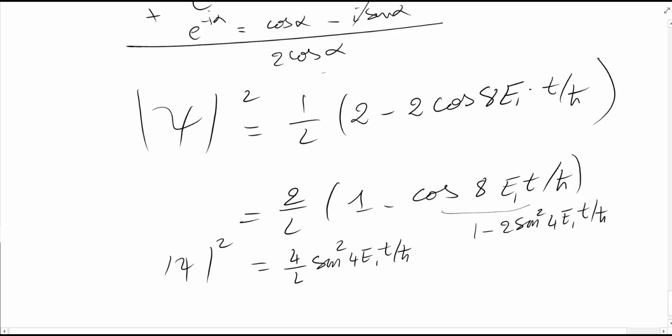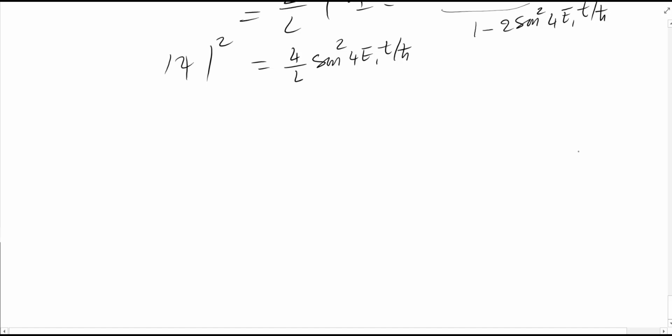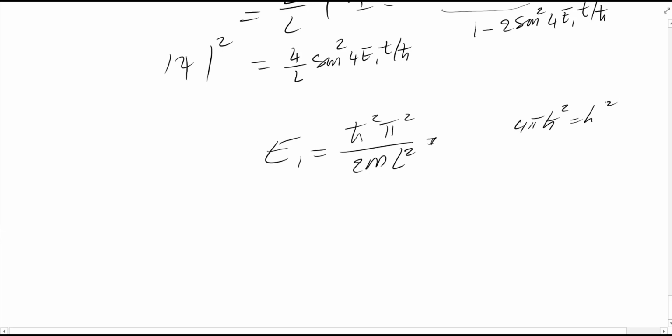And as a matter of fact, we're going to write it down even better now. Since we know E1 is equal to h bar squared pi squared over 2 m L squared, if I multiply this by 4, I'm going to end up with 4 pi squared, and 4 pi squared h bar squared is h squared. So in light of all of that, we can write the probability distribution function as 4 over L times the sine squared of... Oh man, I don't need to do that.